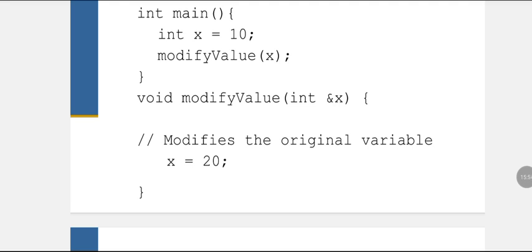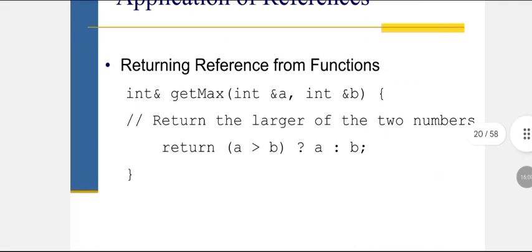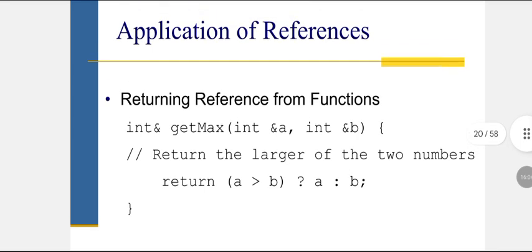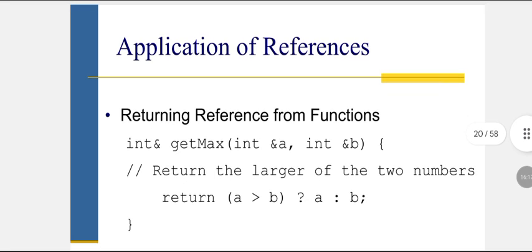Now we move on to another example of the application of reference. Then we have the returning reference from function. And you can see the int, now data type, you can see it here. Then you can see the get marks.